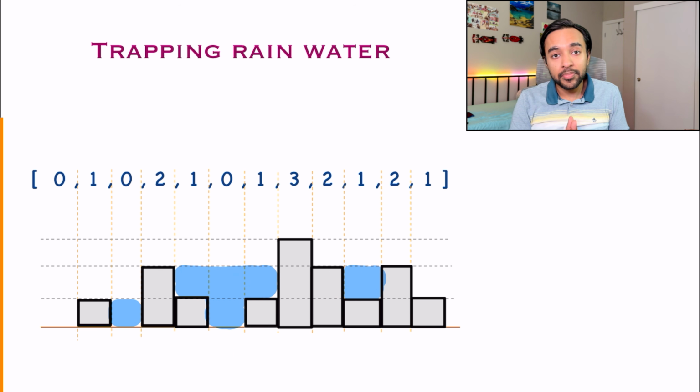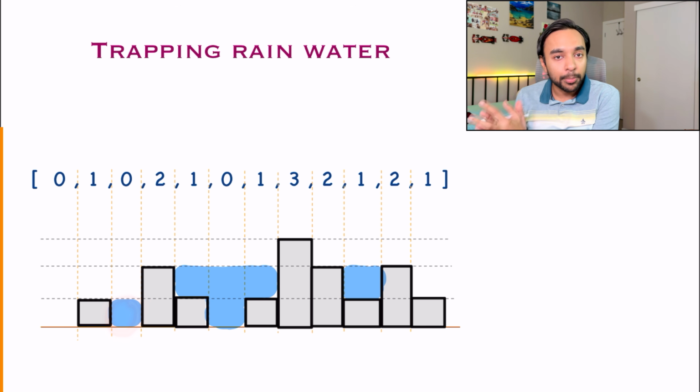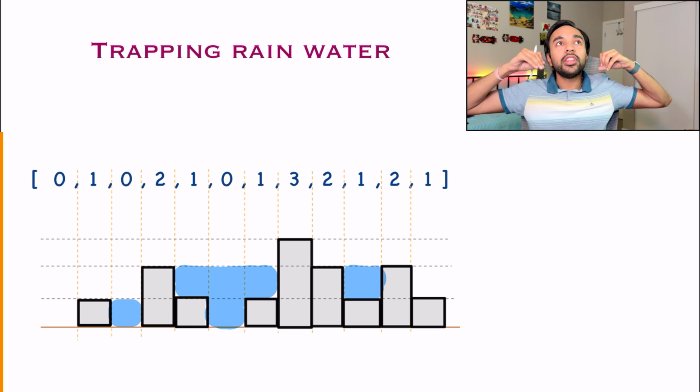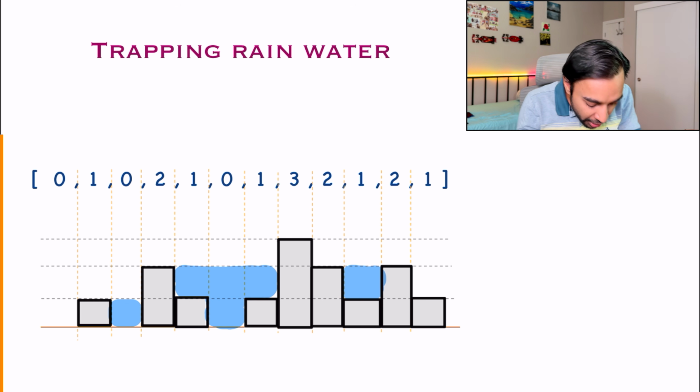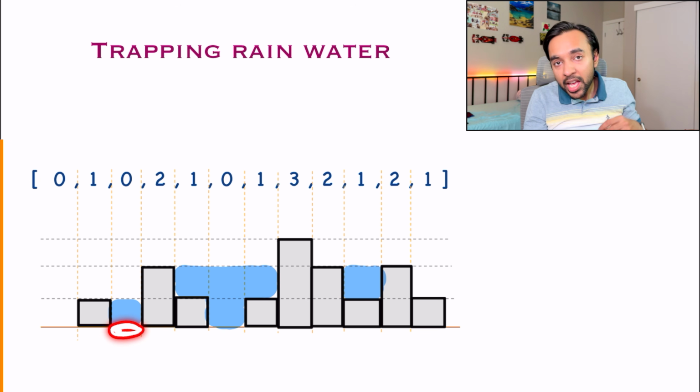Now the tricky part. Where do you even begin solving this problem? There are so many different ways to approach it. How do you start to even calculate the water at a particular place? To understand it, let us focus on the very basic concept. For example, when I'm looking at just this particular section, how much water is it going to trap?